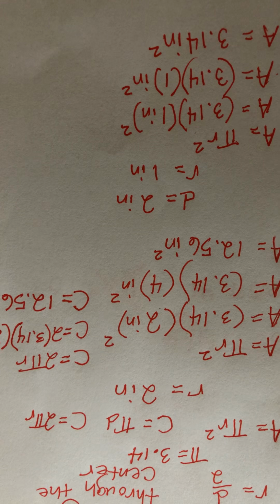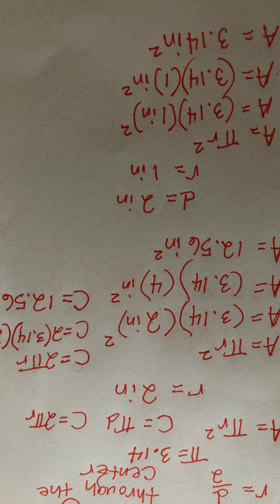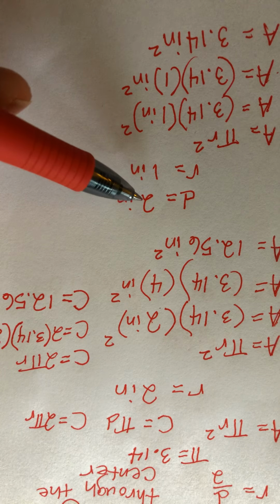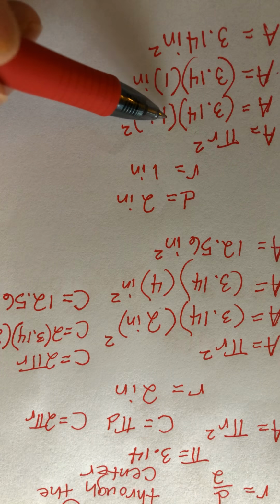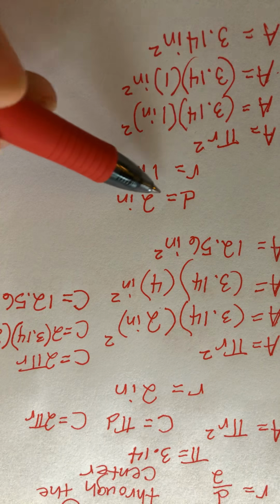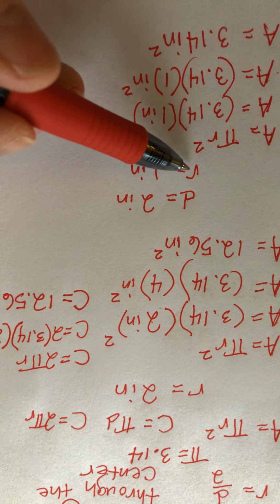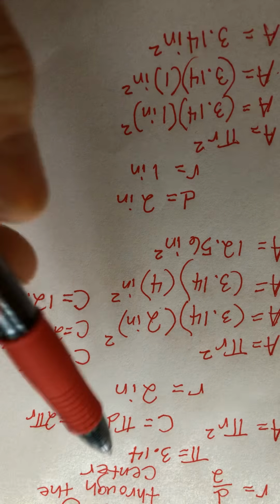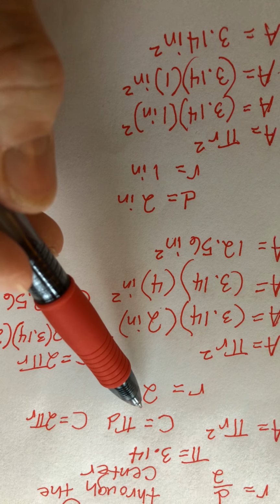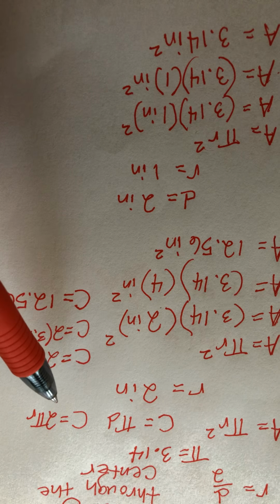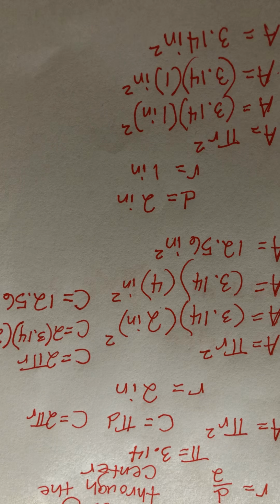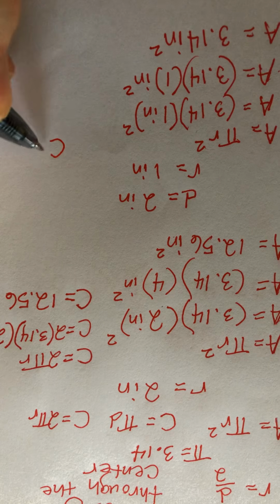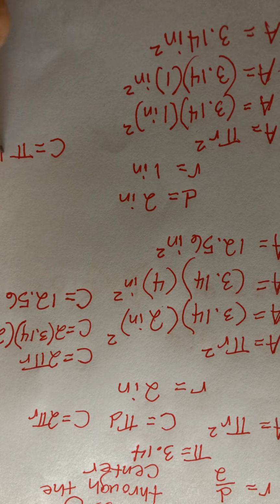Now, with my area, remember that we had to find the radius. The mistake I see people make is they put this 2 in here for radius. That says radius, not diameter, so I have to change it to radius. Now, if I'm doing my circumference, remember I had these two formulas, circumference equals pi d and circumference equals 2 pi r. I'm going to use the one that has the diameter. So I'm going to use C equals pi d.